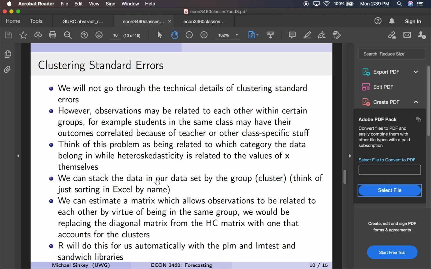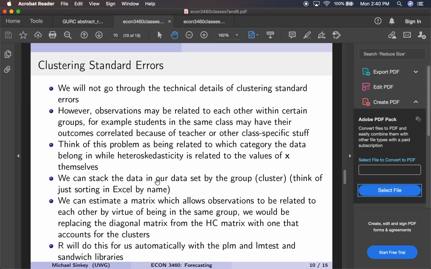There are other problems that we may run into when we estimate a regression model. And one problem is that we may not have concern that x and the error term are related, but what we may have concern with is that, say, different groups within our data set have errors that are related to each other.